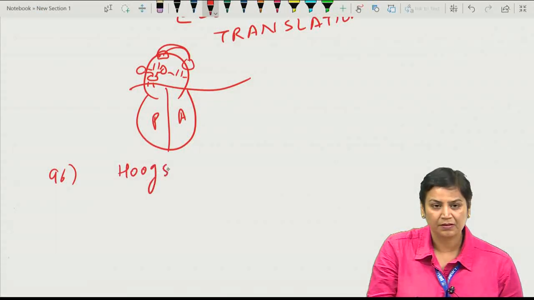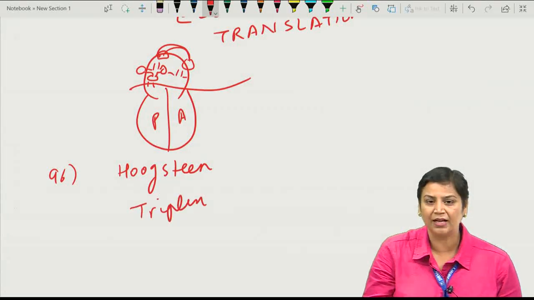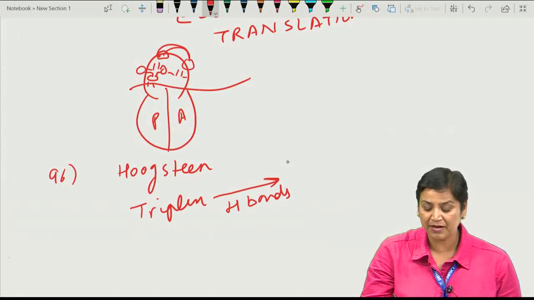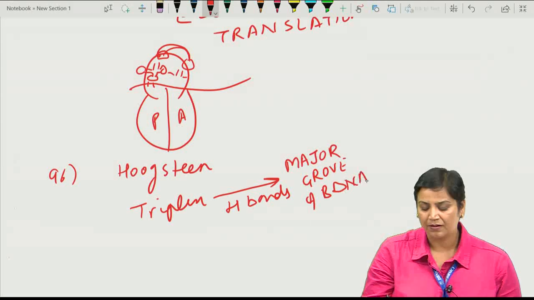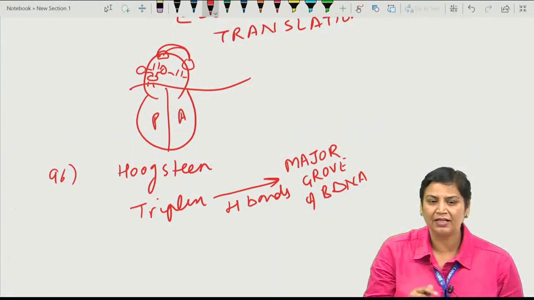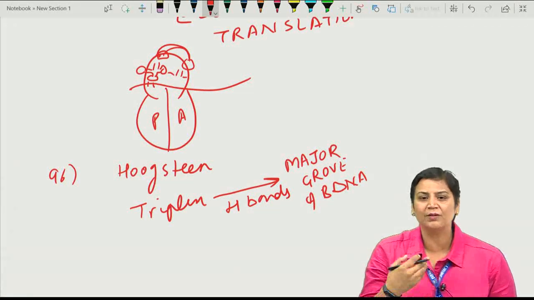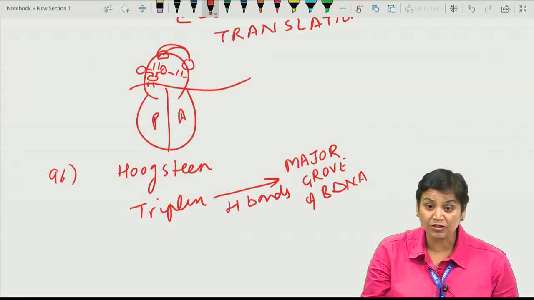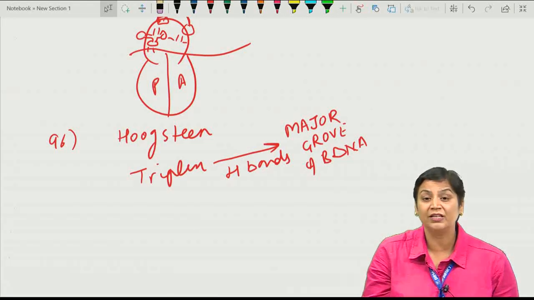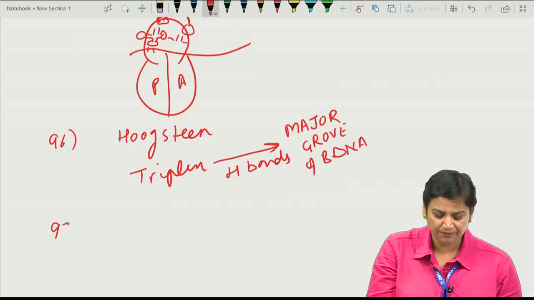The triple helix, or the third strand of DNA, forms a hydrogen bond with the major groove of B-DNA, and this pairing is known as Hoogsteen pairing. There is another fourth strand also, but it should be rich in guanosine residues, and it will comprise the third strand also.